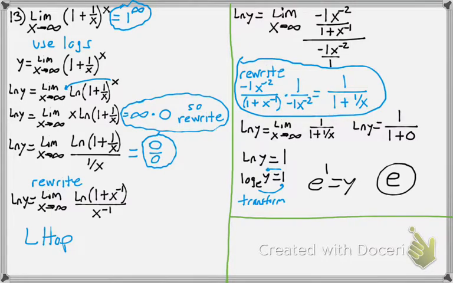This is a very long problem, but it's also a very important problem, because if you look back at the original, (1 plus 1 over x) raised to the x as x goes to infinity is equal to e. This will come up quite a bit in more calculus as you go along, or later on in math.